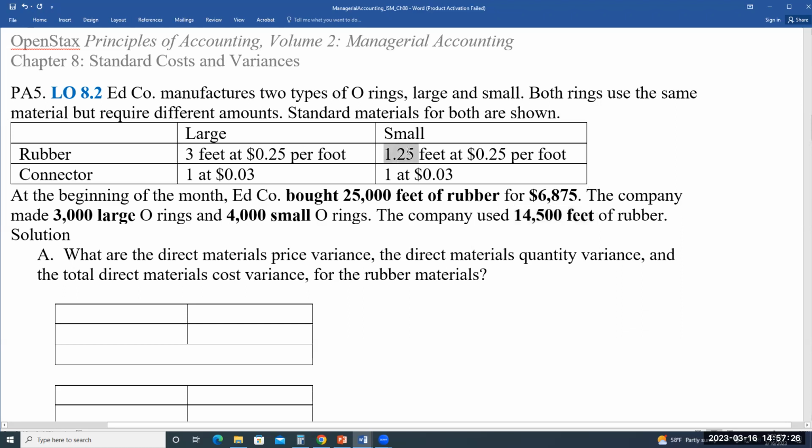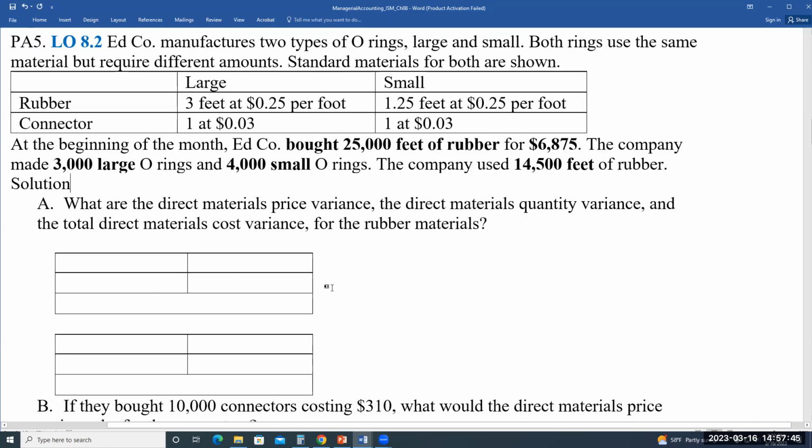Note though that the small O-ring uses less material, so it has a different quantity. And we have to figure out direct materials price variance and quantity variance, and then a total. Oh, just for the rubber materials.